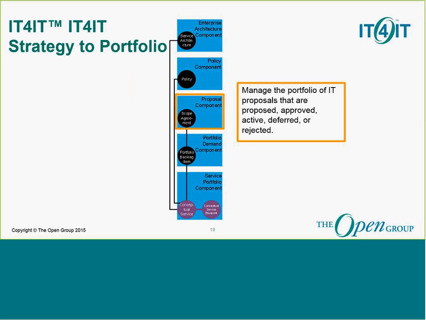And the proposal component is really, again, the authoritative source for the list of IT proposals. These proposals may or may not result in scope agreements that lead to ITIVs that actually get acted on. An agreement spells out the objective of this proposal.